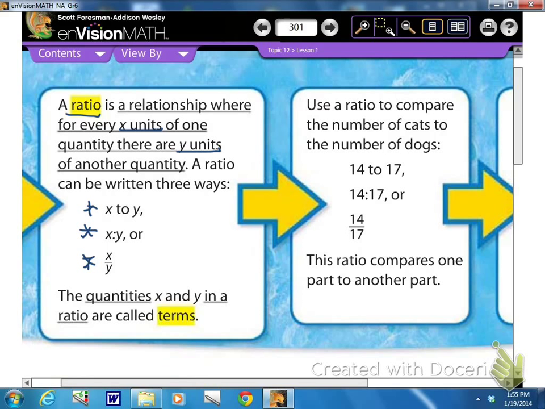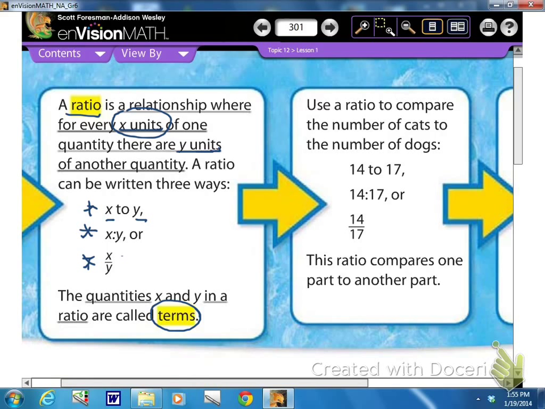Now, whatever units they give first becomes X units, or the first unit that you would write, or the top unit here when they write it like a fraction. And then the second units becomes like Y here would be second, or on bottom in the denominator. The quantities X and Y in a ratio are called terms, another vocab for you to write down.